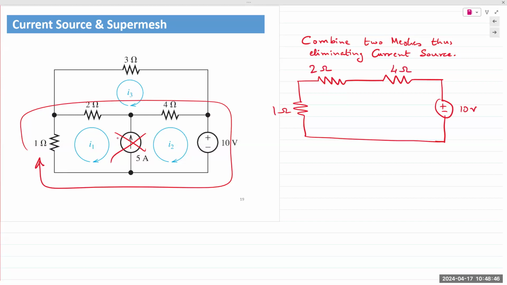Because we are combining both the meshes together, we still have to account for the individual mesh currents. We do not assume a new mesh current at this point. That would change the entire solution. We still account for the currents we chose at the beginning of our analysis. So this is still I1, and this is still I2.